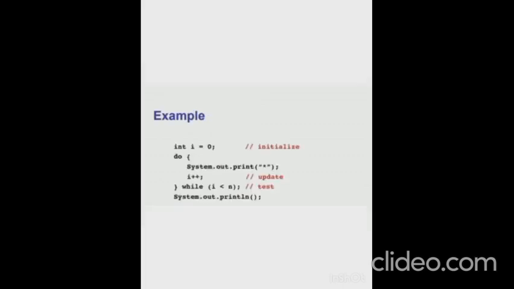Example for do statement: int i = 0; // initialize. do { System.out.print("*"); i++; // update } while (i < n); // test System.out.println(); So this is the example for do statement.